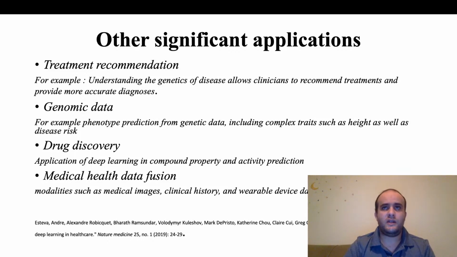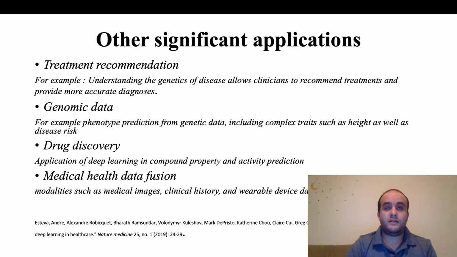If you detect it at an early stage, that will be very useful. It can also be used for drug discovery, an application of deep learning, for example, in compound priority and activity prediction, which can also help in drug discovery.